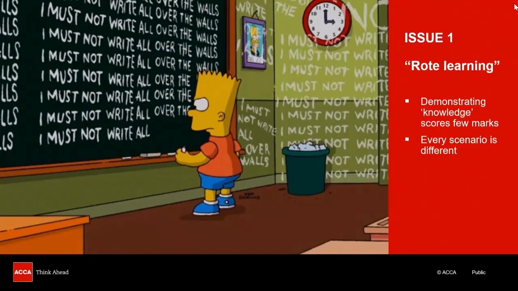The linkages between the different issues in the scenario will mean that you end up needing to write a very different answer to a quite similar looking quality management question. So if your approach is, I'm going to learn the answer to a previous exam question, it will not work in AAA because the scenario will be different in the question you're given in the exam, so your rote learned answer won't score.